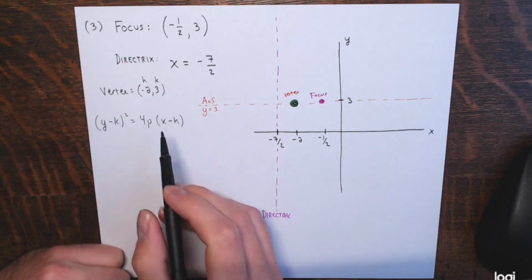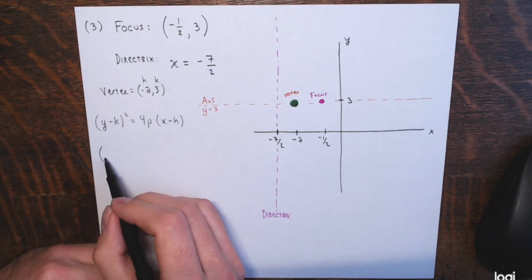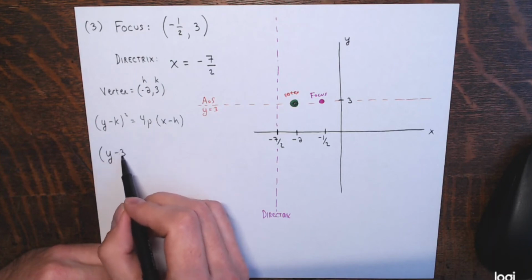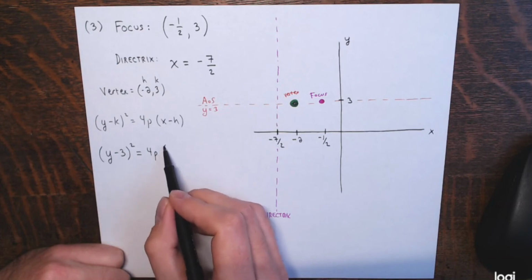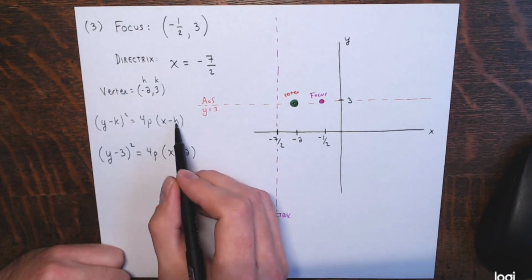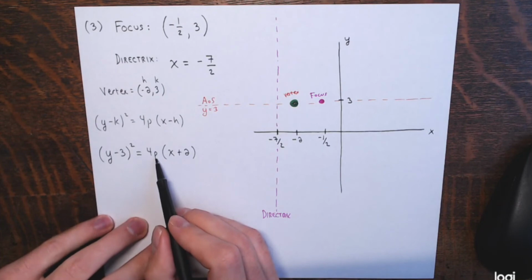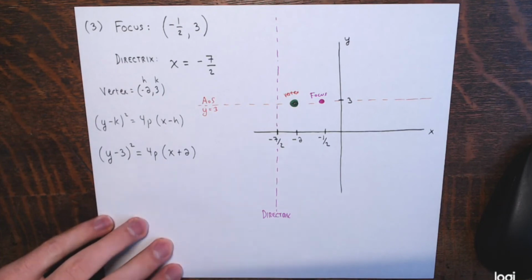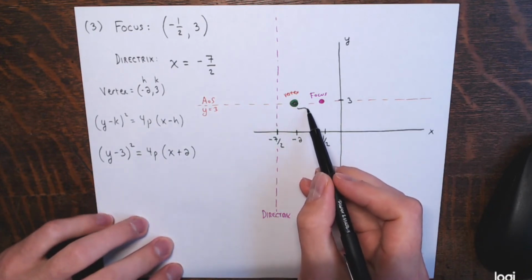Now if I put in negative 2 for h and positive 3 for k, now we're looking at this equation. y minus 3 squared equals 4p times the quantity x plus 2, because minus negative 2 would be plus 2. And now all I need is the value of p. And I fill that in and simplify, and we'll have our equation for the parabola described to us in standard form.